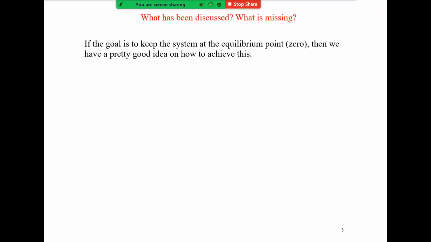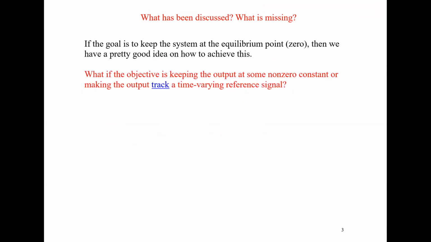If the goal is to keep the system at the equilibrium point, in other words, to make the state variable 0, then we know how to do it. But of course, some students ask me, we don't want the state to go to 0. We want the state to go to some other place.